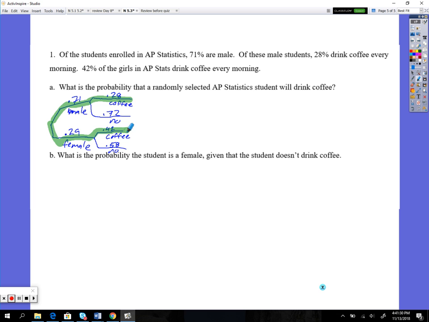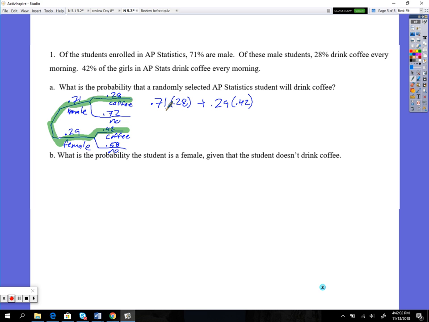So the idea here is that we're going to do these dependent probabilities. The probability that somebody drinks coffee is dependent on their gender. So to solve this, we're going to say 0.71 times 0.28 plus, because it's now an OR problem, 0.29 times 0.42. So essentially what we're saying here is that it's male and coffee or female and coffee.